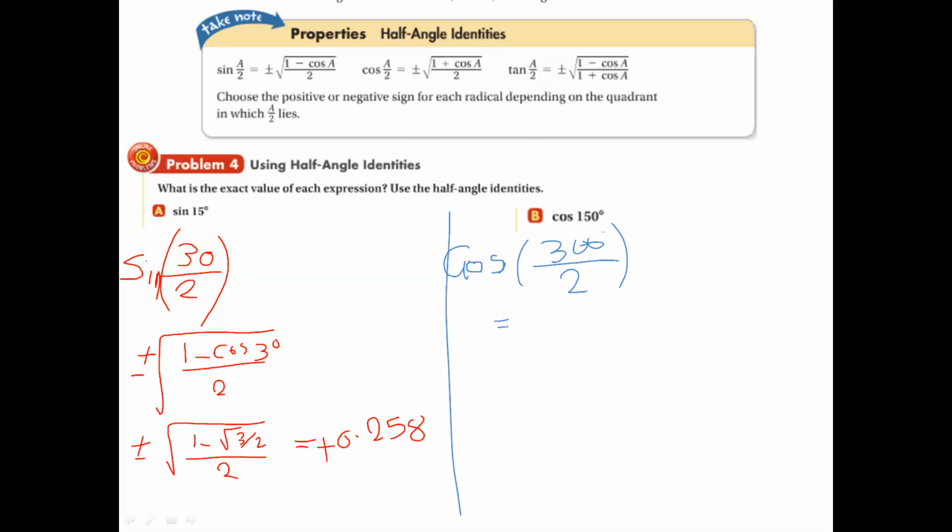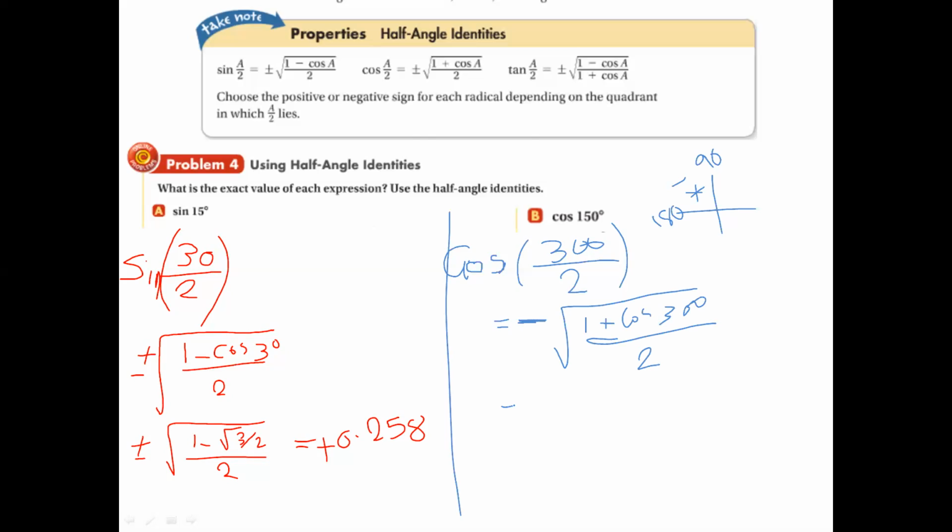Since I'm talking about 300 over 2, or 150, it is in which quadrant? It is between 90 and 180, so 150 is here. The cosine here is negative, so I will choose the negative sign. Then the square root of 1 plus cosine 300 over 2.